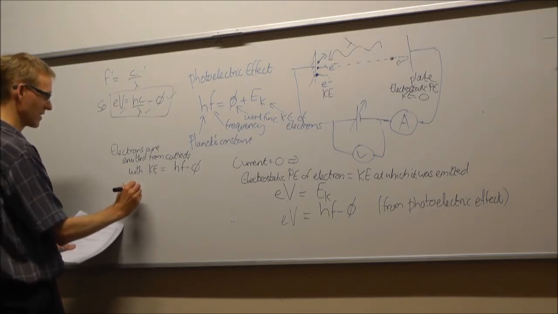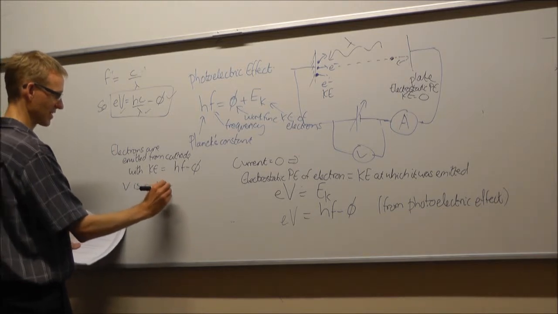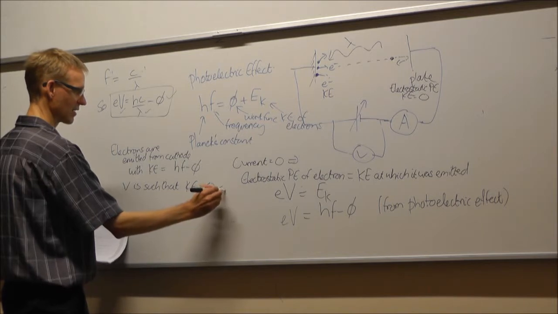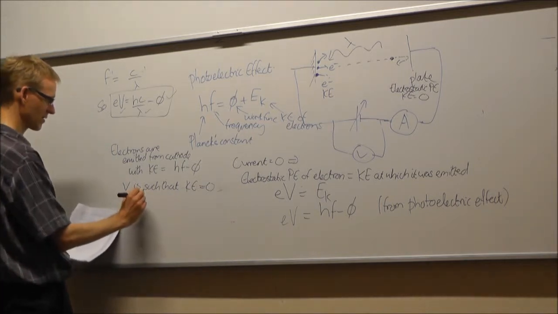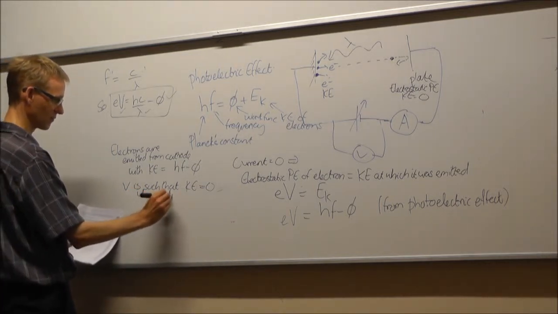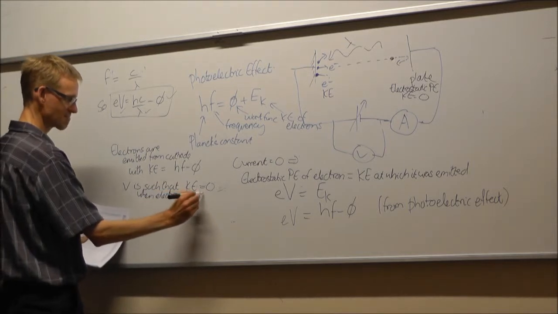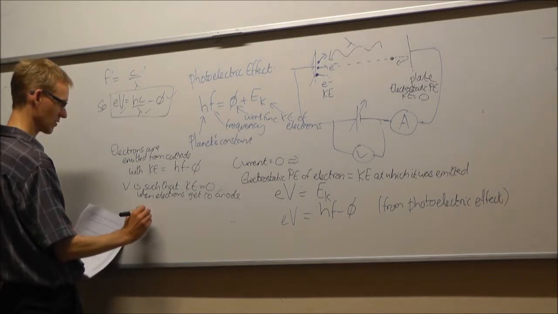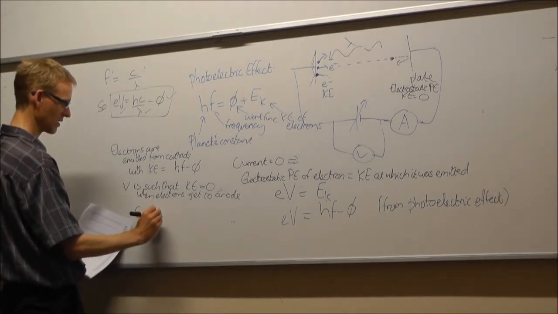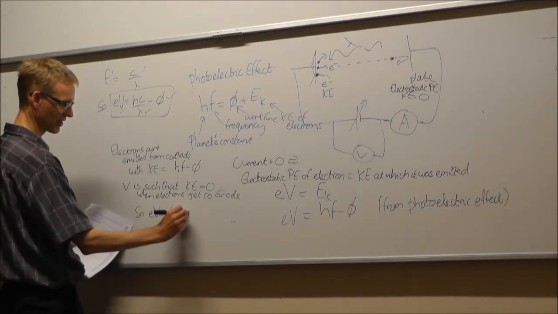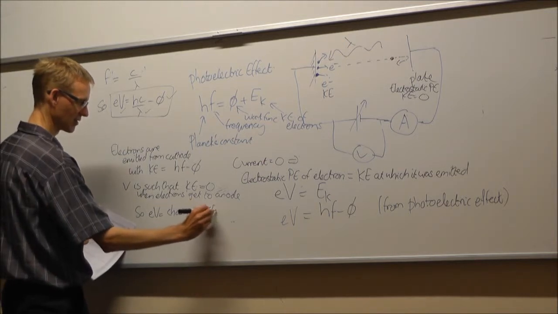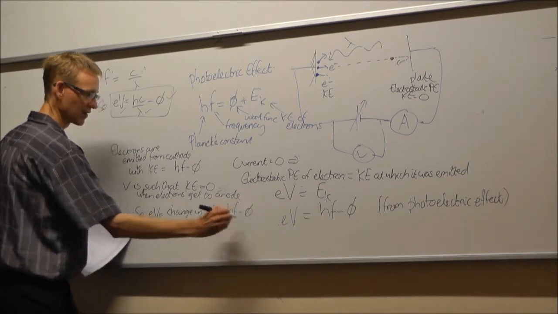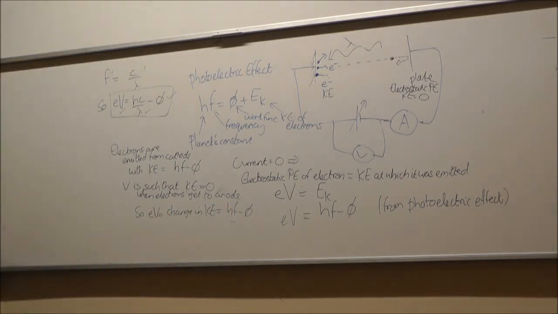So we can say V is such that KE equals 0 when electrons get to the anode. So eV equals change in KE, which equals hf minus phi. Got a better explanation?